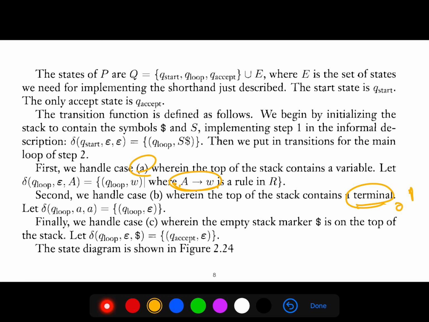And finally, you know that you are at the end of that, and you come back to the original stack, with the empty stack marker on top of your stack. And so the trajectory is something like this. You go up, you go down, but the height of the stack remains the same. You may go along different trajectories, but it is important that you come back to the original height of the stack.